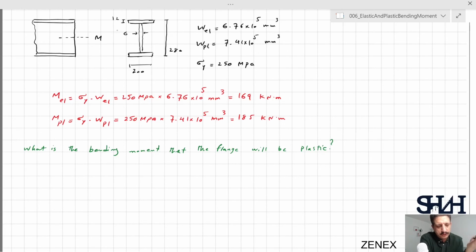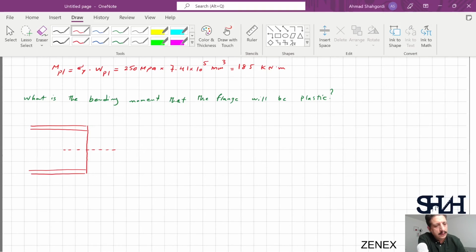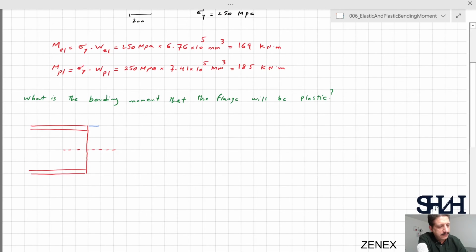So it's a partial plastic cross section. This is very straightforward calculation. You sketch the cross section. And we know that only the flange is plastic.